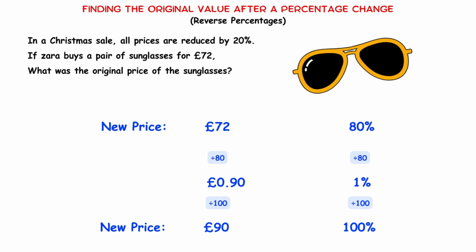Just like before, we can think of the original price as 100%, so if it's been reduced by 20%, then the new sale price must be 80%, because 100 minus 20 is 80. So we now know that £72 is equivalent to 80%, and this means that to find 1%, we just have to divide £72 by 80 to get £0.9, and then to find the original price, we just multiply this £0.9 by 100 to get £90, so the sunglasses must have cost £90 before the sale.